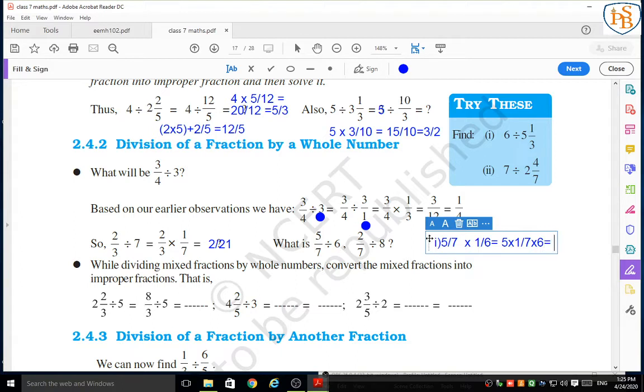So 5 ones are 5 divided by 7 sixes are 42. Okay, and 5 is an odd number and 42 is an even number. So there is no divisibility test to find out the reduced form of this question. Okay, this is our first question.